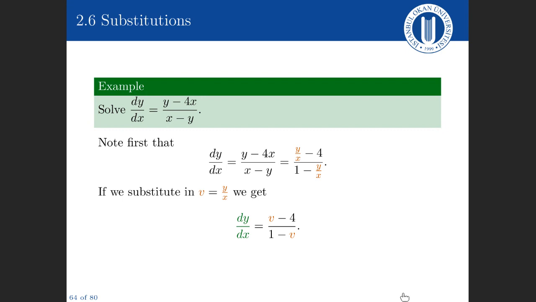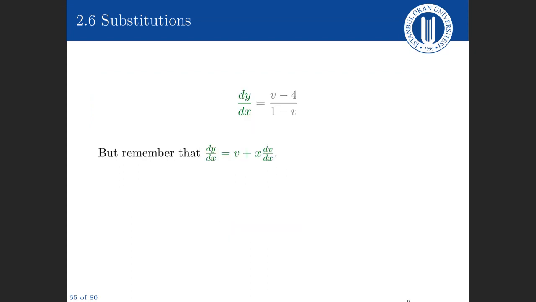We're going to use the substitution v is equal to y over x. Instead of writing y over x, we're going to write v. So this becomes (v minus 4) divided by (1 minus v). I also need to use a substitution on the left side. Instead of dy/dx, we're going to use the substitution v plus x dv/dx.